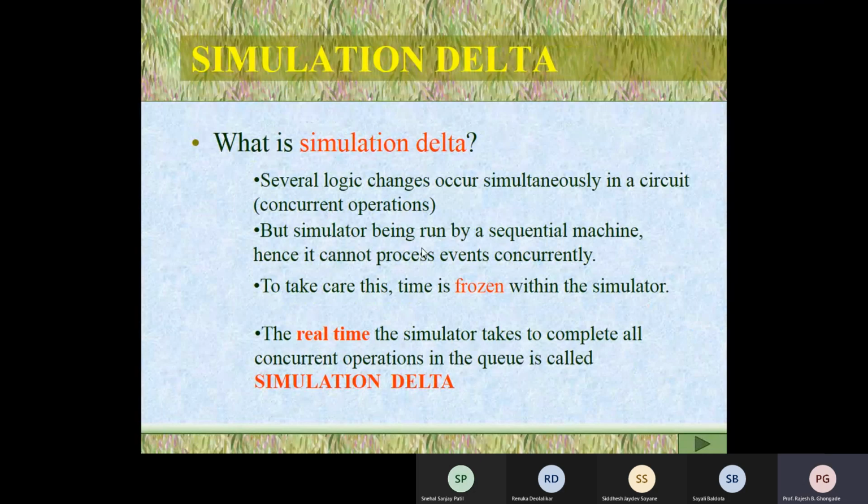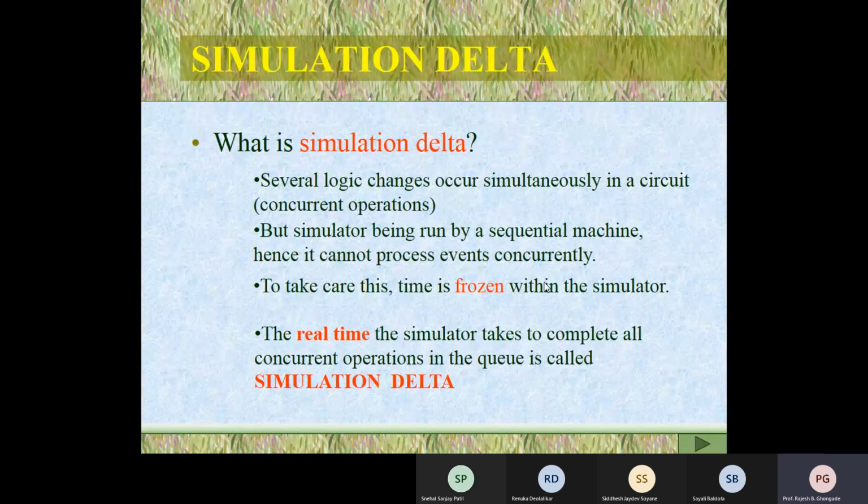So to take care of this, time is actually frozen within the simulator. You have a time, for example, t equal to 1 nanosecond. This 1 nanosecond actually is spanning, let us say, maybe half a second wide.